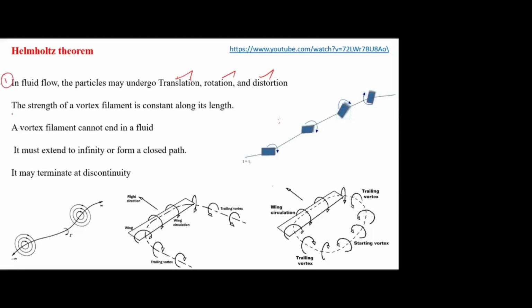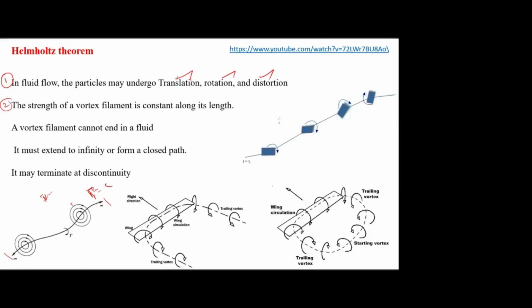Then the second point, already discussed, that is the strength of the vortex filament is constant. So for a vortex line or vortex filament, the strength is constant because we have taken inviscid flow. So the strength will not decrease. If the strength of this vortex filament is constant, then it will not end in a fluid.